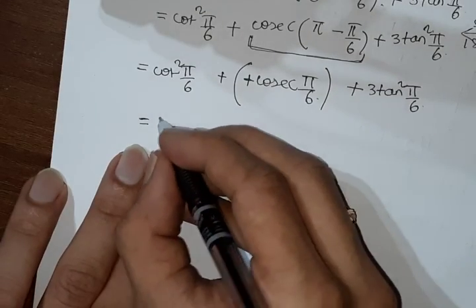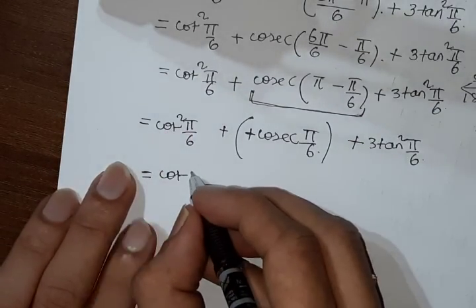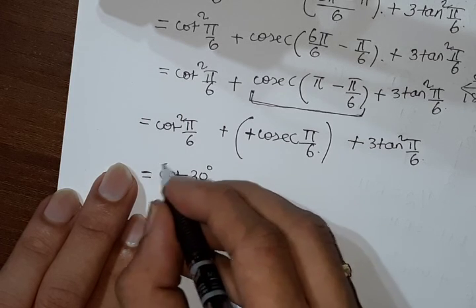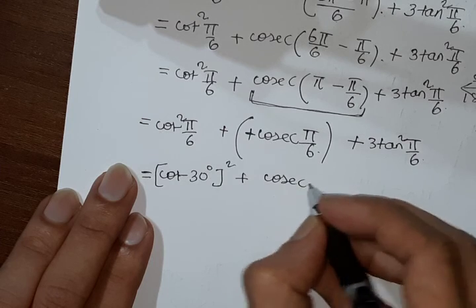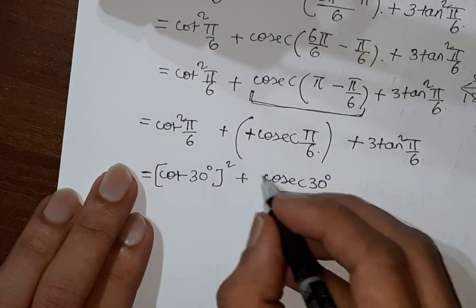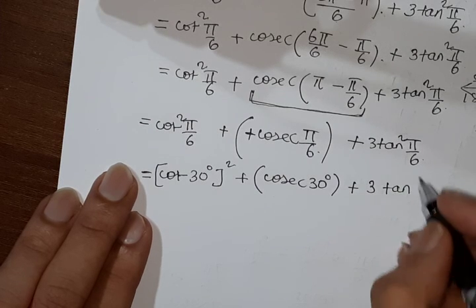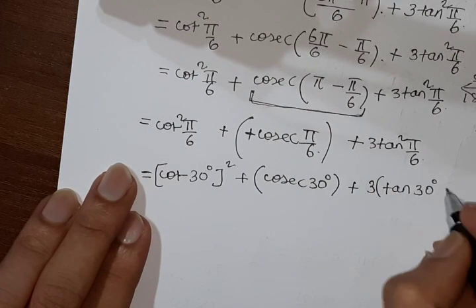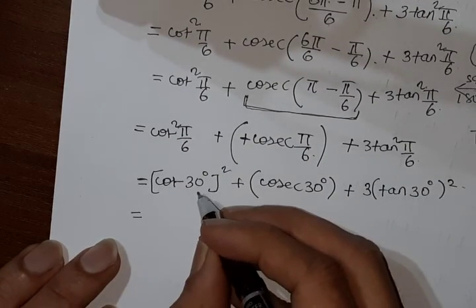So this is equal to what? Cot of pi by 6, that is 30 degrees, square, plus cosec, again 30 degrees, pi by 6, plus 3 tan of pi by 6, again 30 degrees, the whole square. Now cot of 30 degrees is what?